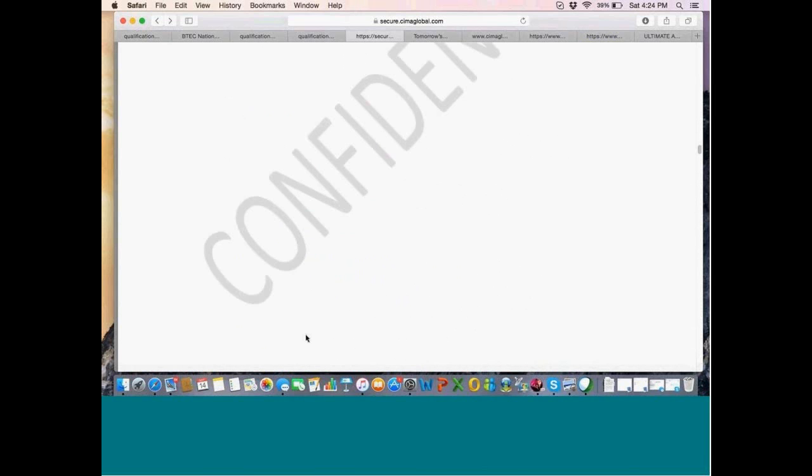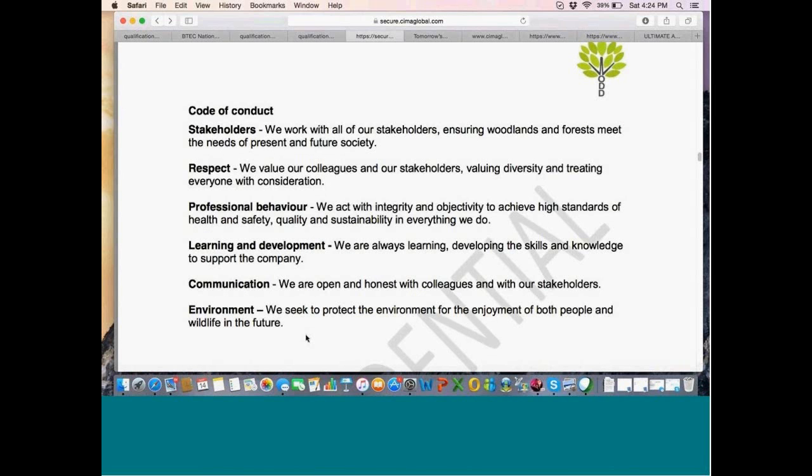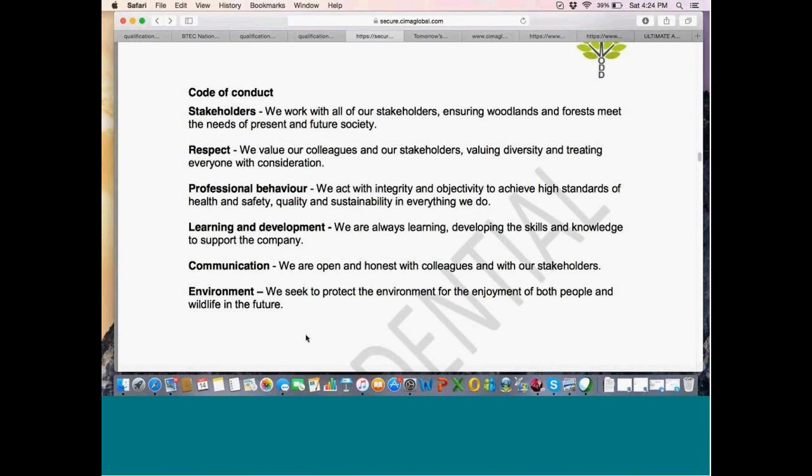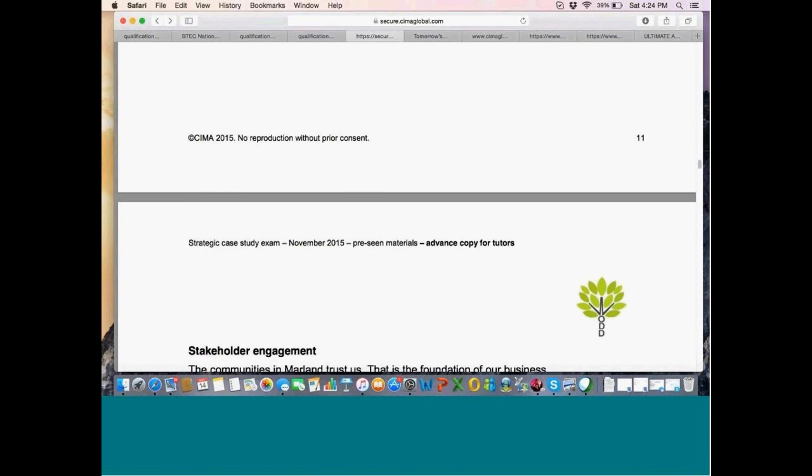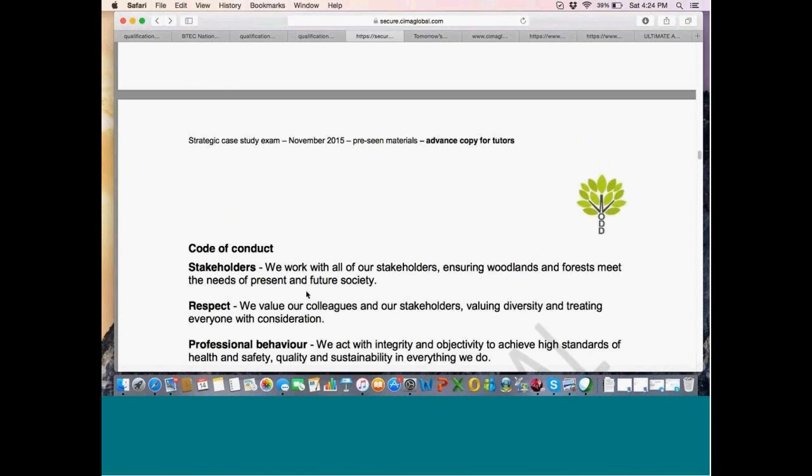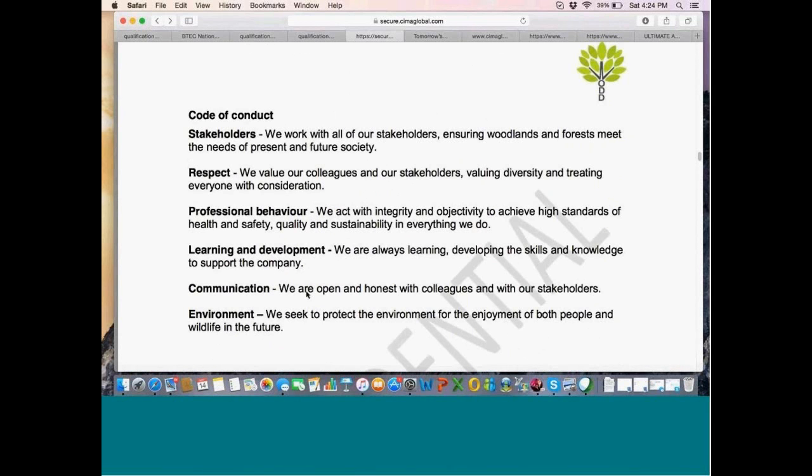Well, code of conduct. Yeah, so code of conduct, they've got one full page on it. How we manage the stakeholders, respect, professional behavior, learning and development. So when it comes to learning and development, we are always learning, developing the skills and knowledge to support the company. Technology can be used for learning and development quite a bit. You've got 700 employees. You might be expanding into other countries as well, and you might need to have standard learning and development processes.